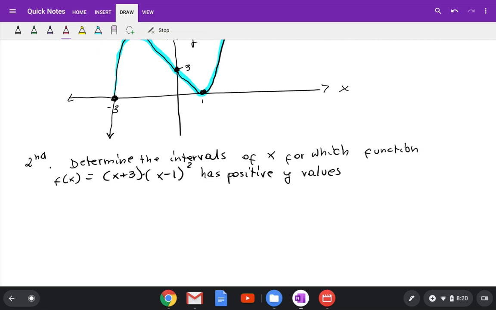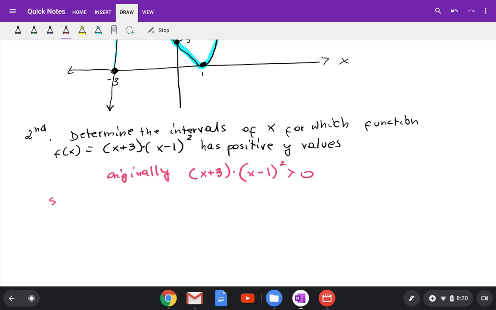Okay. So again, let's just write that originally. Our inequality was x plus 3 times x minus 1 squared greater than 0.